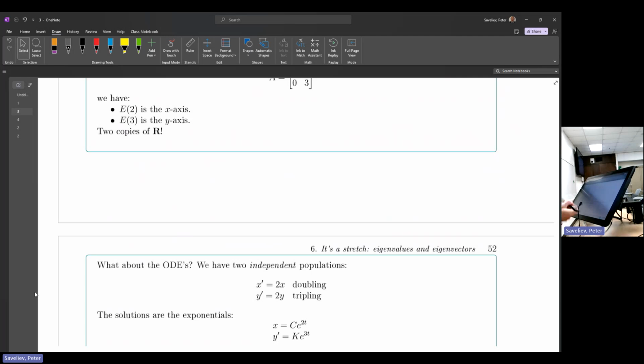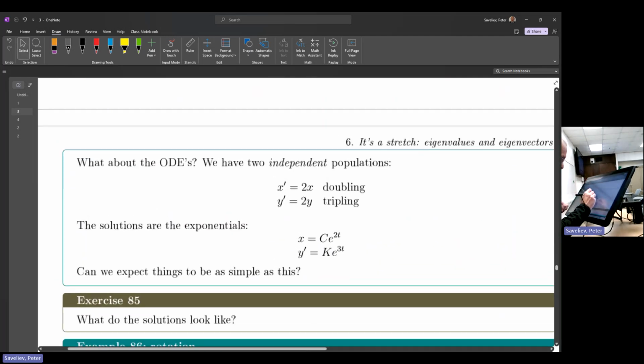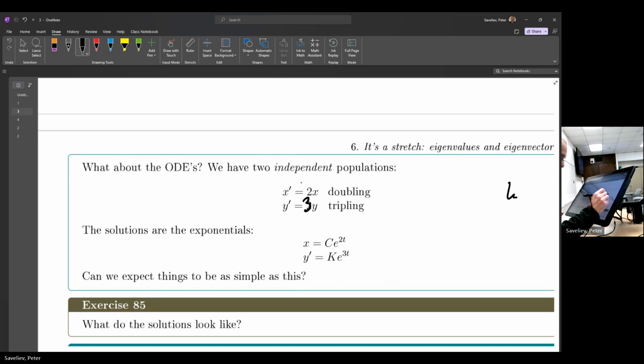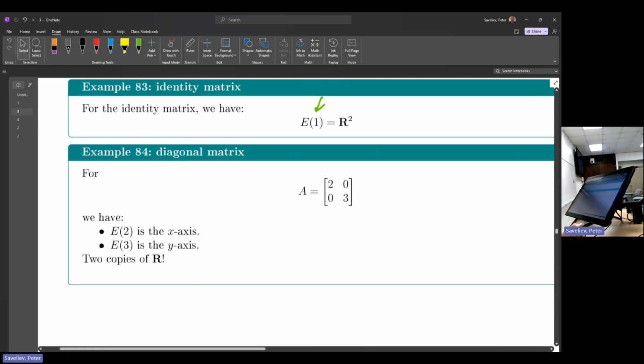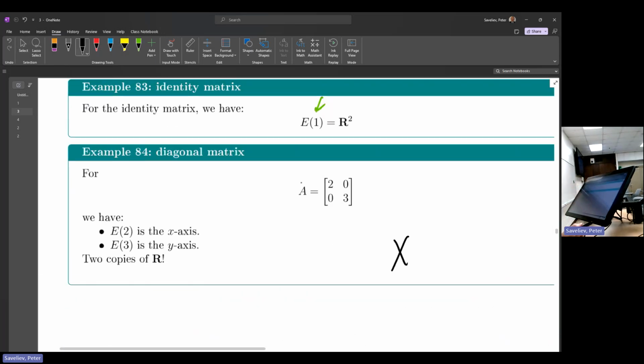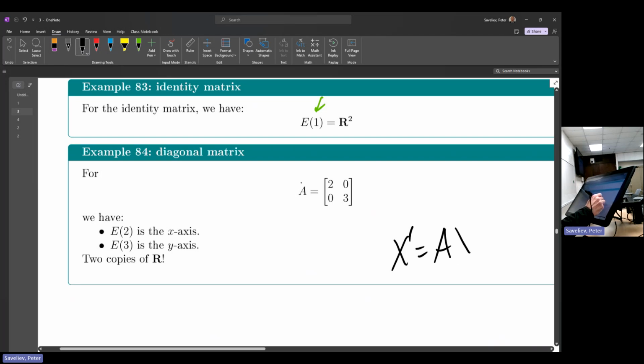For ODEs, let me make a better example here. Suppose this is our linear operator and we're looking at x prime equals Ax.